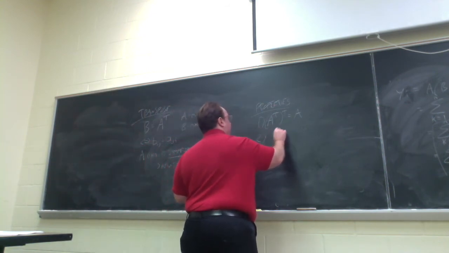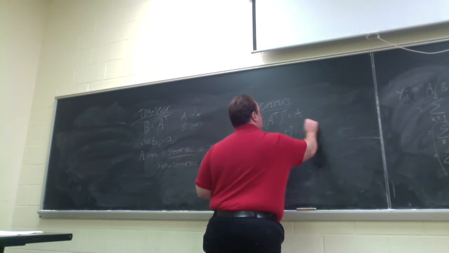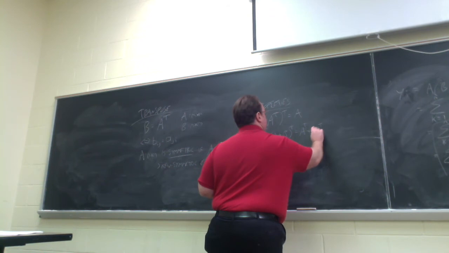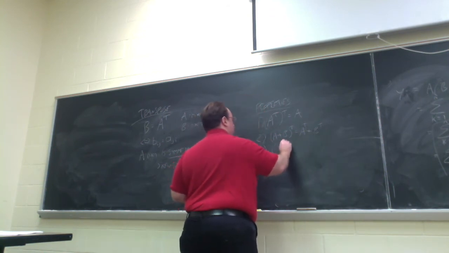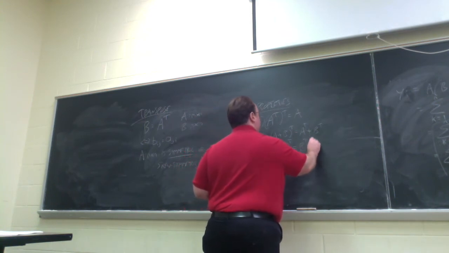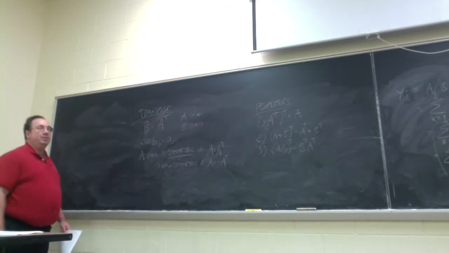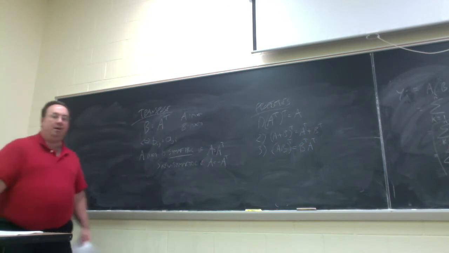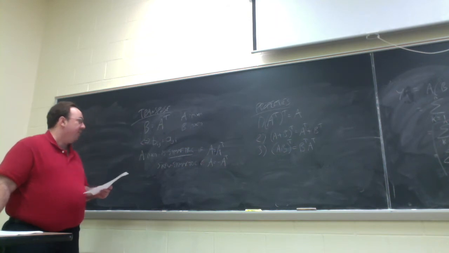Transpose distributes over addition, so the transpose of the sum is the sum of the transposes. And then for products, very important, the transpose of a product is the product of the transposes except in reverse order. That can obviously be verified using the definitions of all of these operations, if you're really bored. Okay.